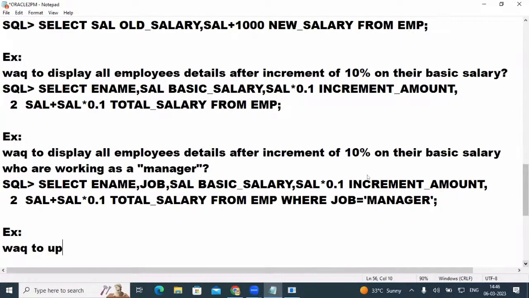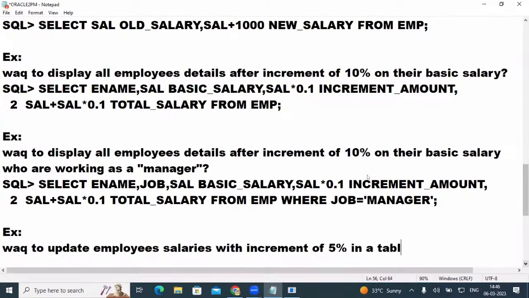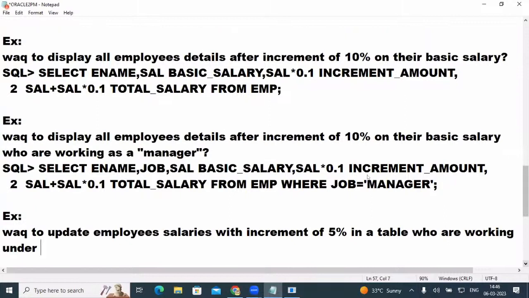Write a query to update employees' salaries with an increment of 5% in a table who are working under department number equal to 10.